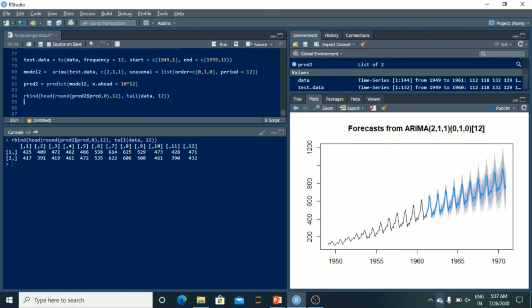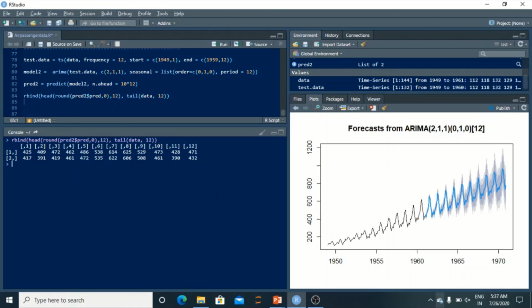The second row shows the actual values, and the first row shows the predicted values. The actual value in 1960 was 417 and the predicted value is 425. The actual value in February, the second month, is 391 and the predicted value is 409. Then 419, 472, 461, 462, 472, 486, 535, 538. It shows that we are very close to the actual values. So based on this prediction and this test data, the prediction shows that our fitted model is well fitted.